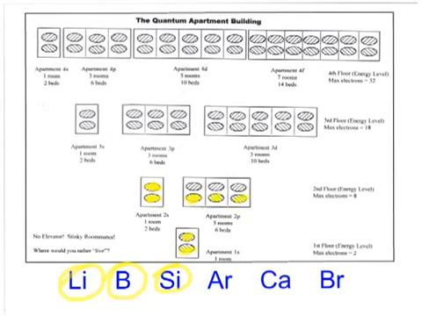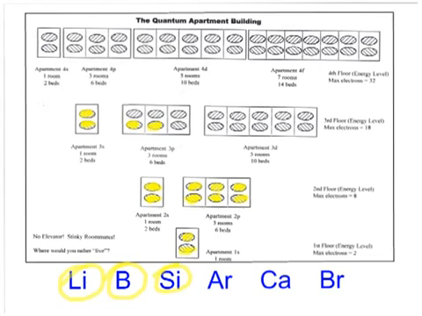Remember, 1 electron goes in each of the orbitals before it goes back and doubles up. 8, 9, 10, 11, 12, and then 13, 14. And that is what silicon's electron placement would look like.